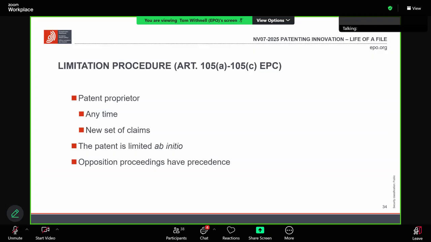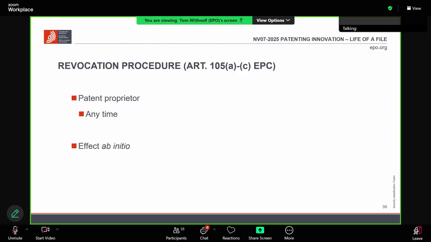So the formality officer still had my name as a director of the unit in charge of the limitation procedure. This showed me concretely, hands-on, that the limitation procedure is indeed a competence of the EPO for the entire life of the patent. Next one, please, Tom.